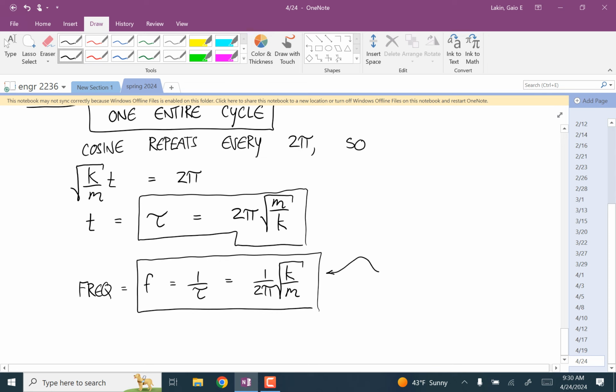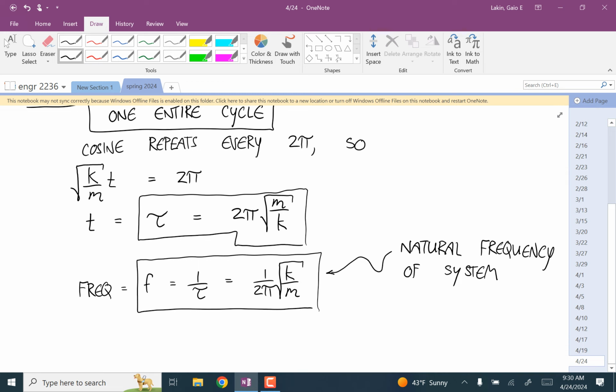And this is called the natural frequency of the system. It's called the natural frequency because you could put a powerful motor on this thing and make it oscillate at a different frequency if you wanted.